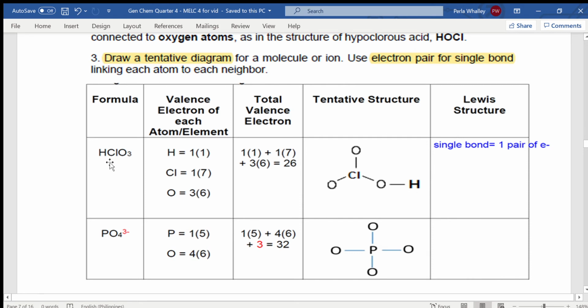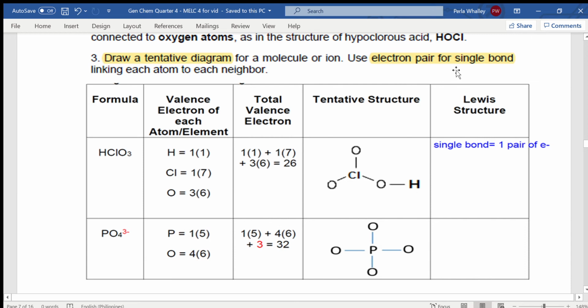But remember, hydrogen will not become a central atom because of only one electron to share. So it would likely be chlorine. If chlorine is our central atom, that means oxygen will be the atoms attached around the chlorine atom.